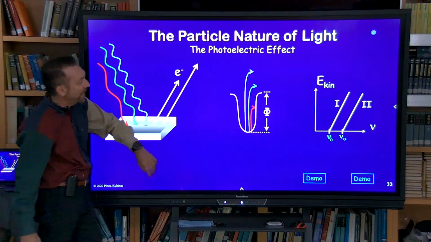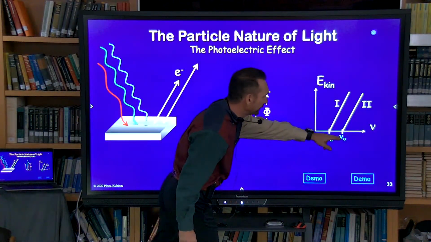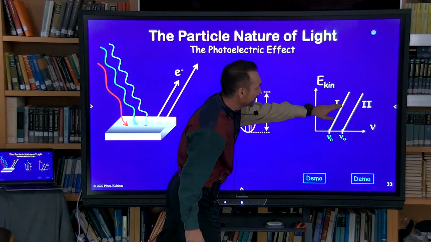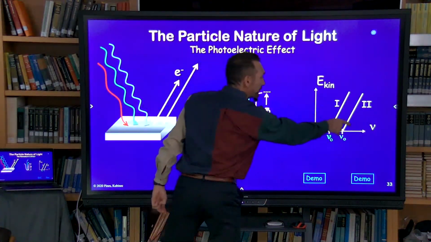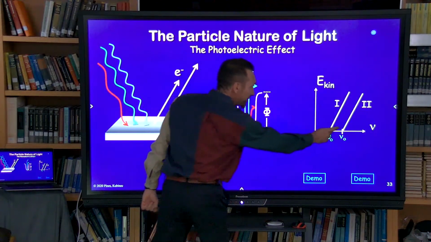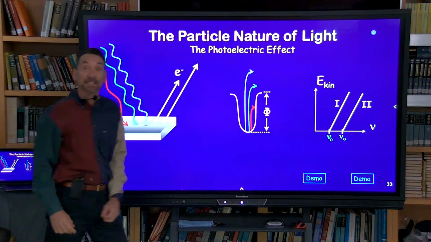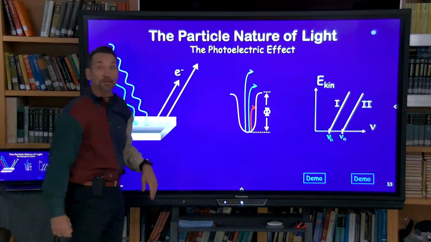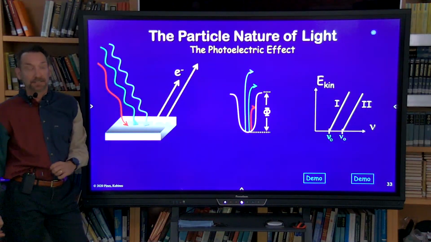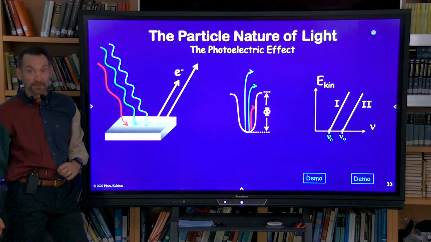If you go to higher frequencies, you would get higher kinetic energy for this metal, but metals are different. So here's a plot for metal number 2. This one holds its electrons more tightly because it takes more energy, a blue photon, higher frequency, shorter wavelength, to eject there.